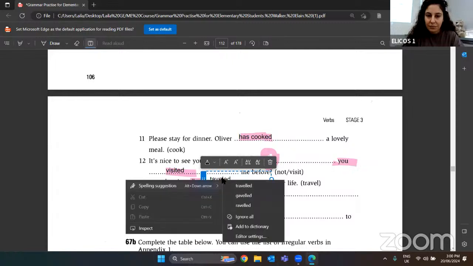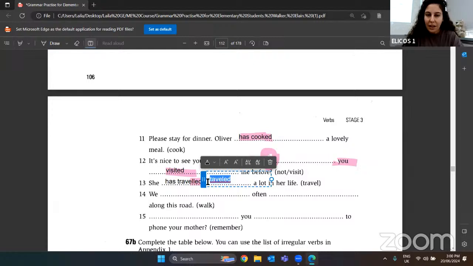Doesn't matter if it's British English or US English, you have to put double L. So it's the same rule for both.